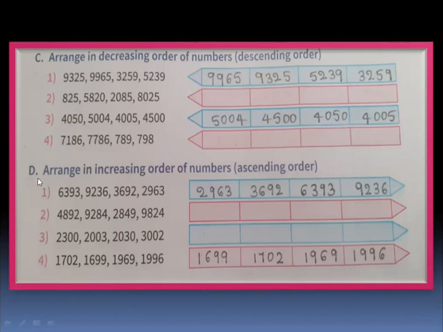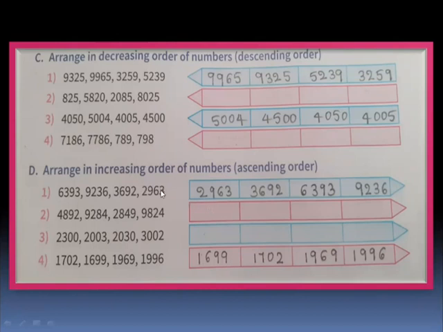See, next, D main. Arrange in increasing order of numbers. Means ascending order. You have to write these numbers in ascending order, smallest number to largest number. Okay, first one. 6393, 9236, 3692, 2963. First we have to arrange these numbers in ascending order.